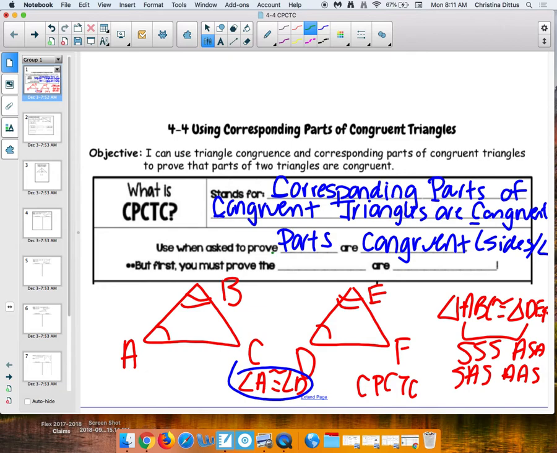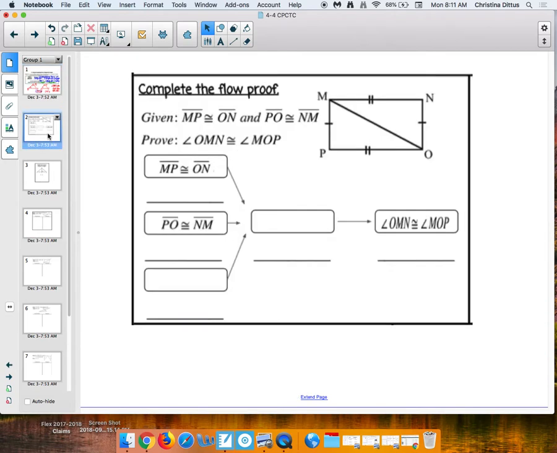First, you must prove the triangles are congruent. So it's just one more step added on at the end. It goes after the triangles.